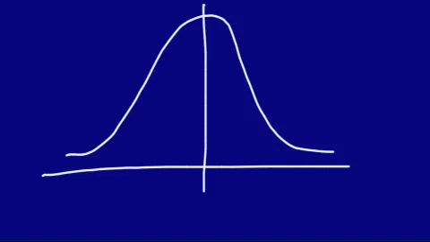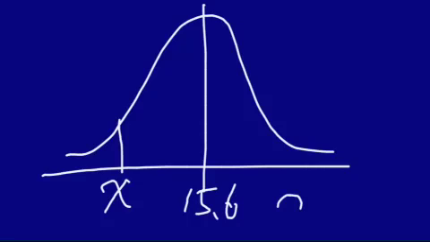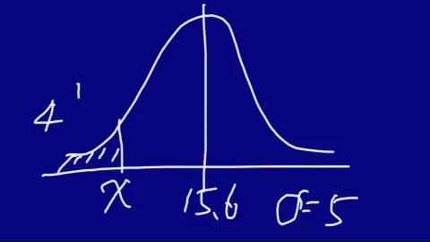To solve the second question, we want to find the value below which 4% of the values in the distribution lies. So this is the random variable x we want to get, and we already know the mean is 15.6 with standard deviation 5. And below this random variable, there should be 4% of the probability.